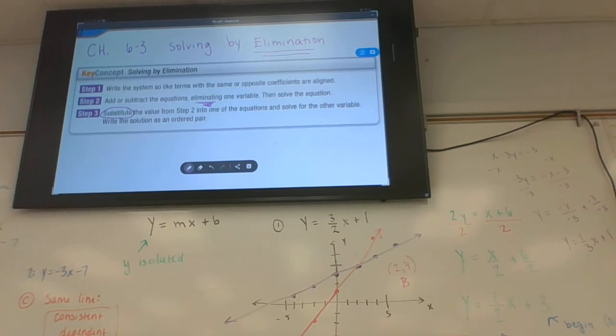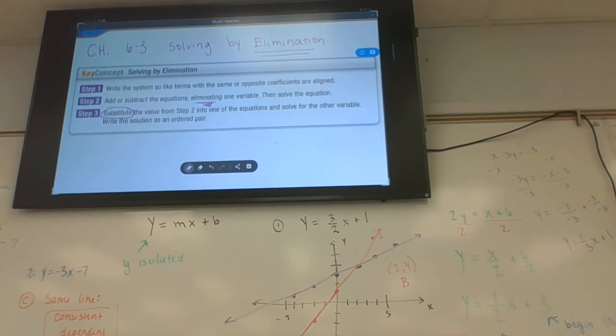Wait, what does it mean when they're aligned? Okay, so here, this is an example of a problem where it's not aligned.